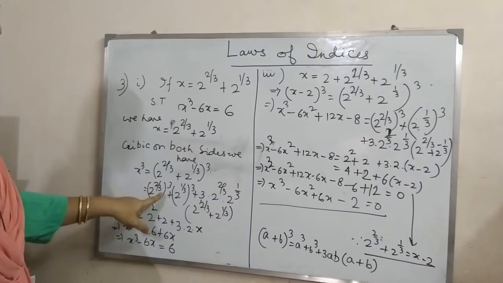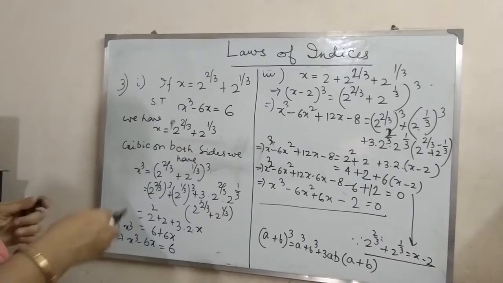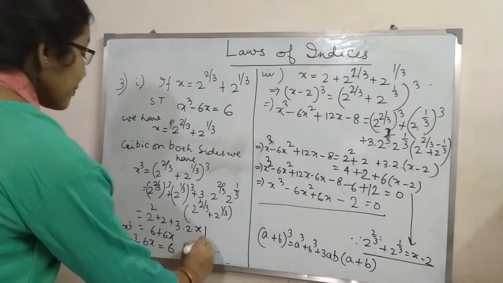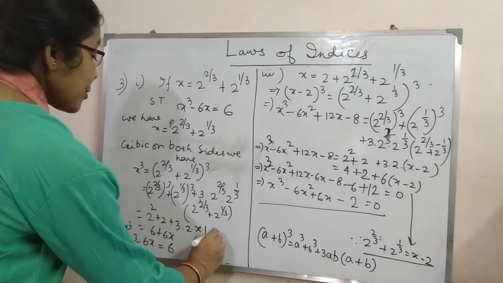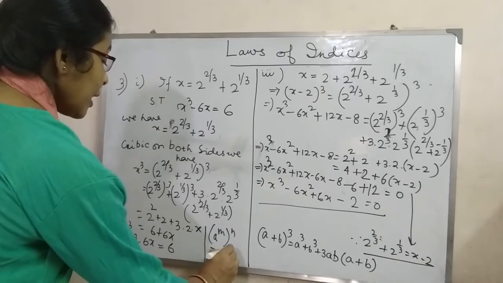2 to the power 2/3, whole cube, is equal to 2 squared. Why? I know (a to the power m) to the power n equals a to the power mn.